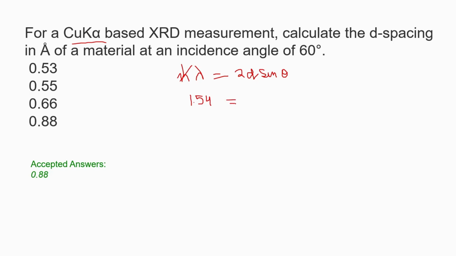Then we have 2d sine theta, with the incidence angle of 60 degrees, so sine 60 degrees.